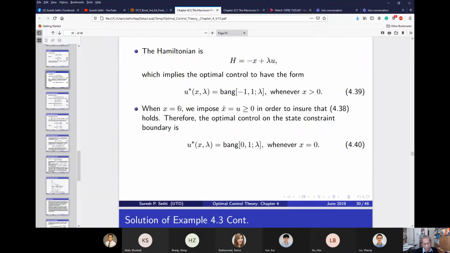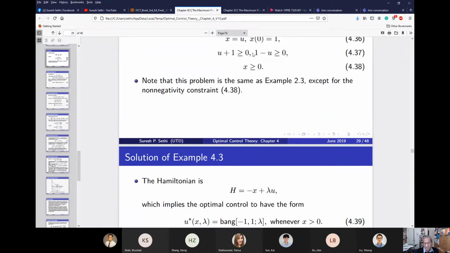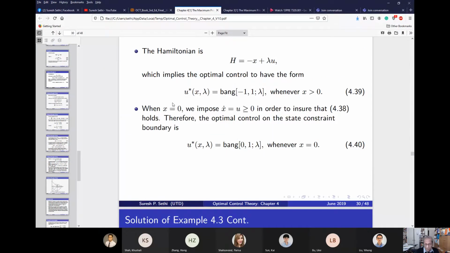And when x equals 0, we impose the condition u bigger than or equal to 0, so the negative control is not allowed. So when x equals 0, the bang-bang control switches to this one. That means control can only take value between 0 and 1, not from -1 to +1. Remember now, I can take value from -1 to +1 in the interior of the constraint, but on the boundary I need this constraint. Otherwise, x goes negative, right?